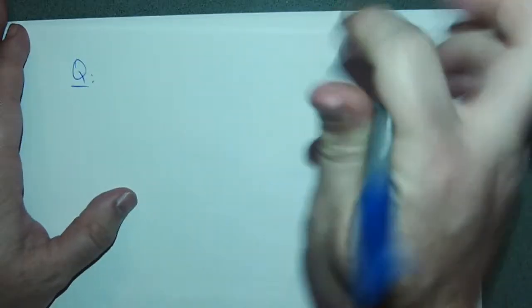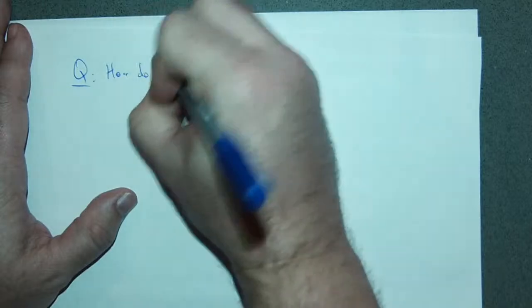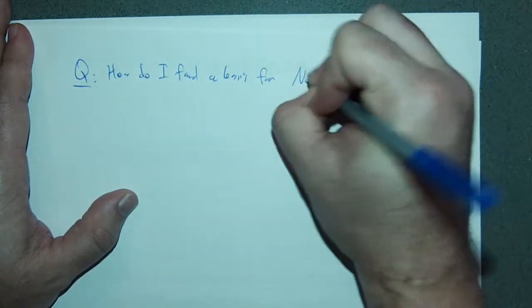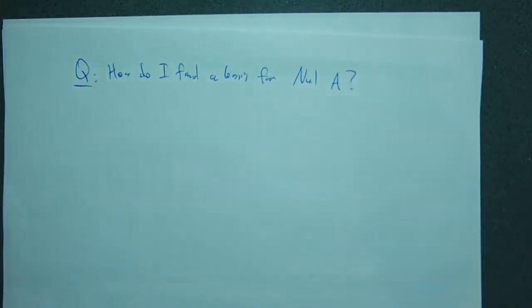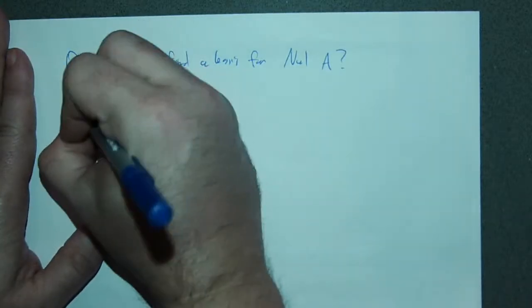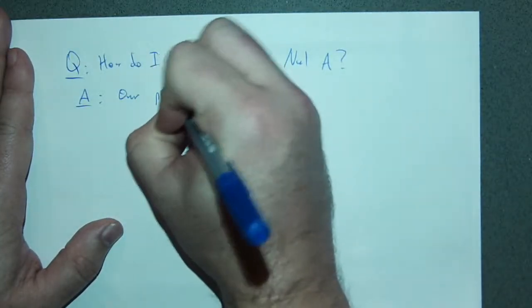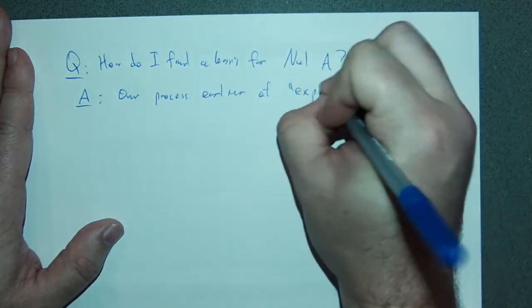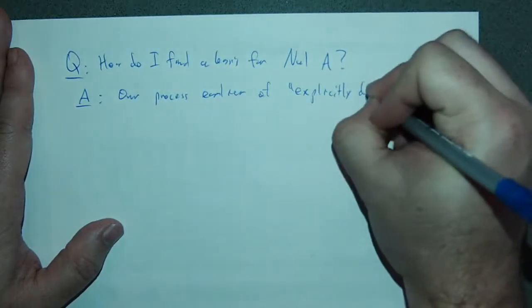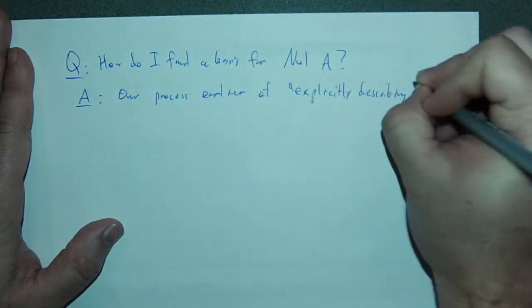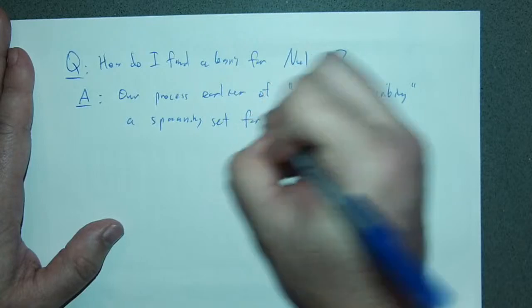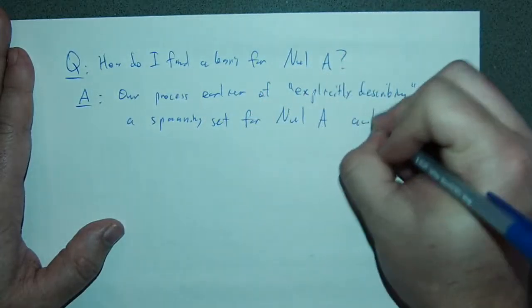Now, I still have a question. How do I find a basis for the null space of A? Actually, this is something that's really nice. Our process earlier of explicitly describing a spanning set for null A automatically gives a basis.